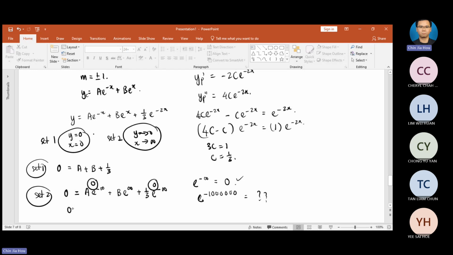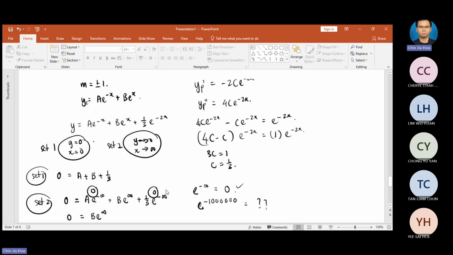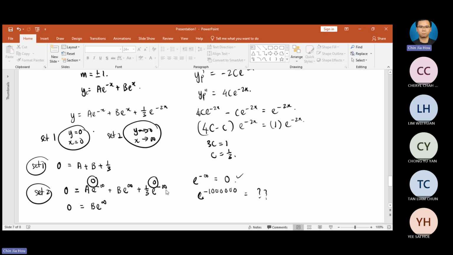Then comes the part that needs a little bit of logical thinking. We get rid of the a, we get rid of the last term, we still have the b term here. What are we going to do about that? You take your calculator, calculate e to the infinity, maybe e to a very large number.